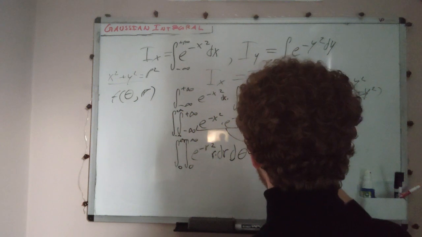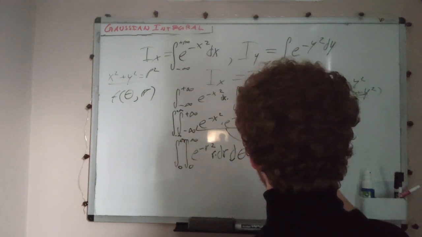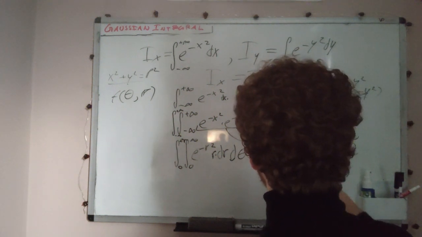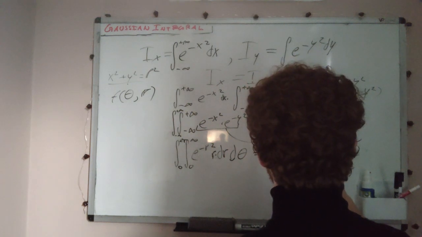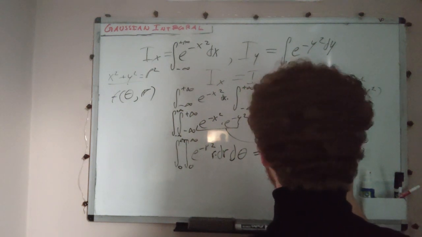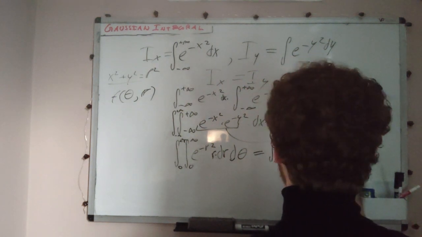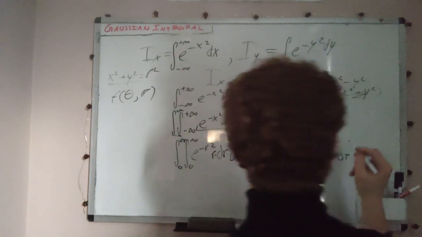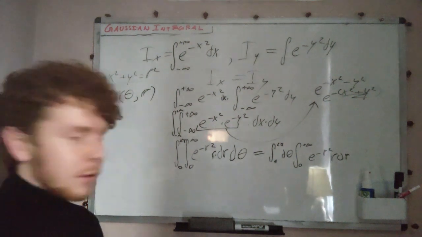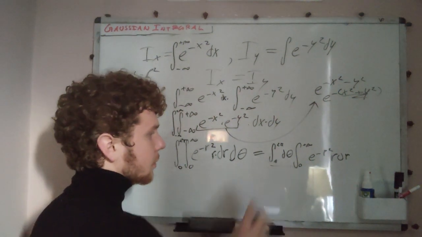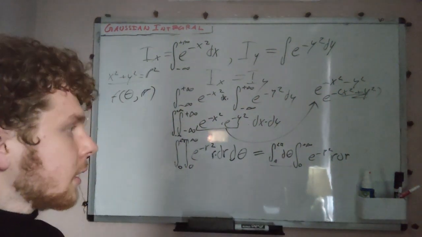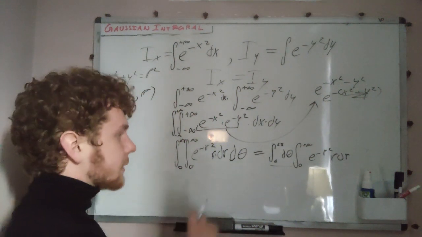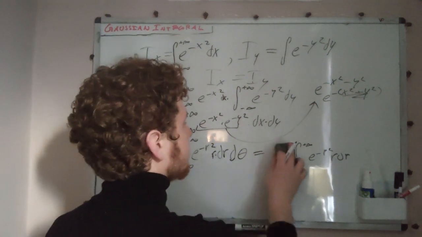From 0 to 2 pi d theta, 0 to infinity, e to the negative r squared, r dr. Okay, so now we have this piece here, which is simply 2 pi.